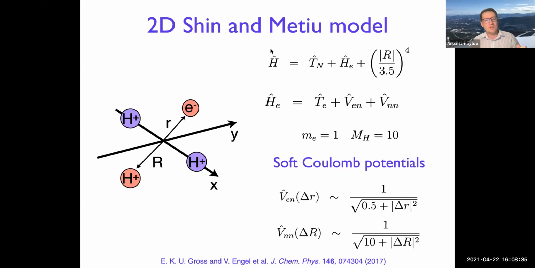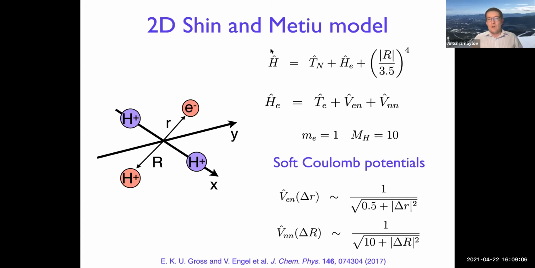It essentially has 3 nuclei, which are like protons with slightly, well, like 100 times lower mass, so it makes things more quantum, right? But 2 protons are frozen, and the whole thing is considered only in 2D. So you have 1 electron, which is an active particle, and 1 proton as an active particle. And then moving in 2D, that's why we needed to modify the Coulomb potential to be a so-called soft Coulomb potential.